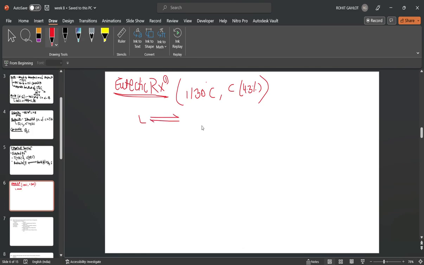Here one liquid converts into austenite and cementite phase. So here one liquid is converting into two solid phases.